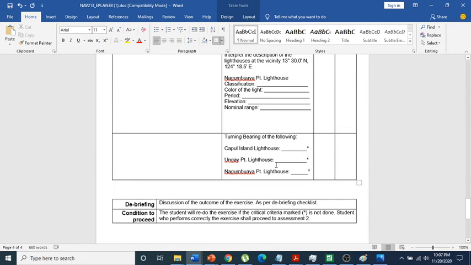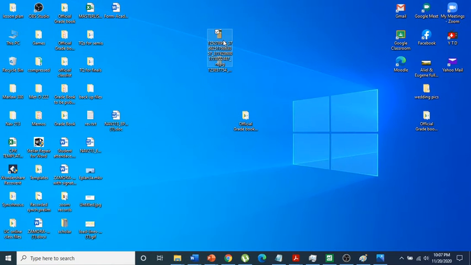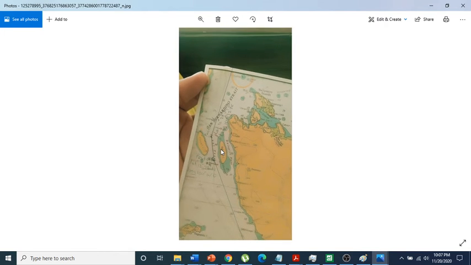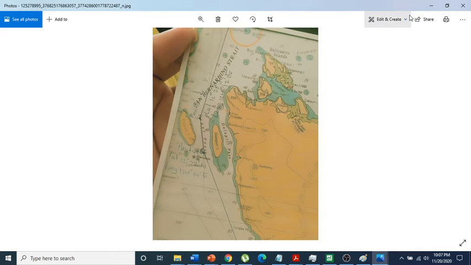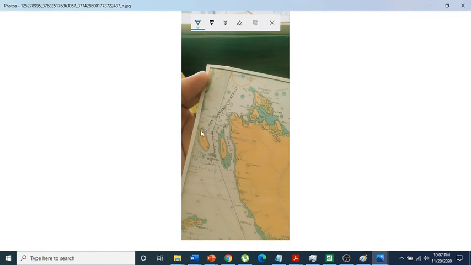The only difference now is the turning bearing. So what you're going to do is, for example, Kapul Island Lighthouse, the turning bearing. For example, this is Kapul Island. You measure again.